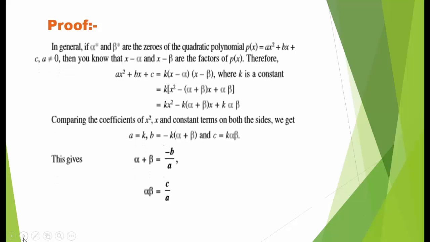So if we have two roots, say zeros alpha and beta, of the general quadratic polynomial, say ax square plus bx plus c equals 0. Now what is the meaning of this 0? It means if alpha and beta are the zeros, then x minus alpha equals 0, because x equals alpha. Similarly, x minus beta equals 0. Then x minus alpha and x minus beta will be the factors of this polynomial.